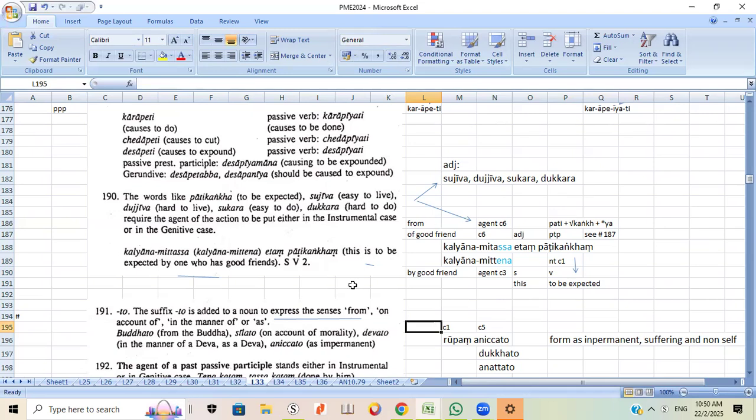prepositions, but if you take this translation, "this is to be expected by one who has a good friend," this is not a problem because you remember the rule of English.